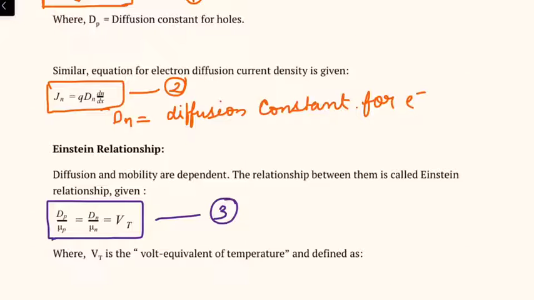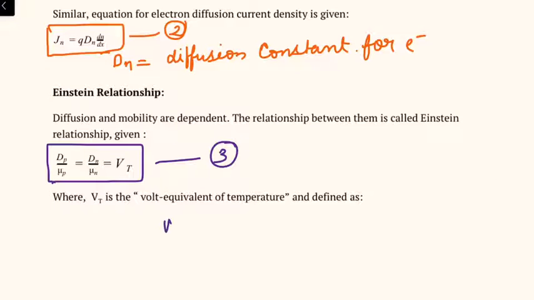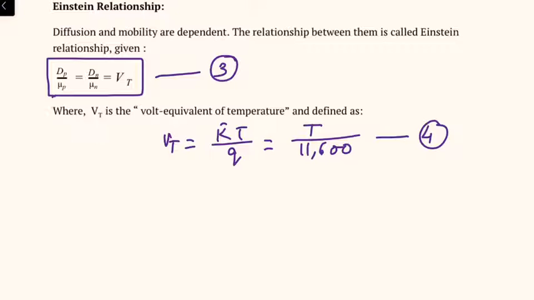Vt is defined as the volt equivalent of temperature, Vt equal to kT/q, where k is the Boltzmann constant and q is the charge of an electron. If we put in the values of k and q, then this relation is given as T/11,600. So Vt is dependent on T.